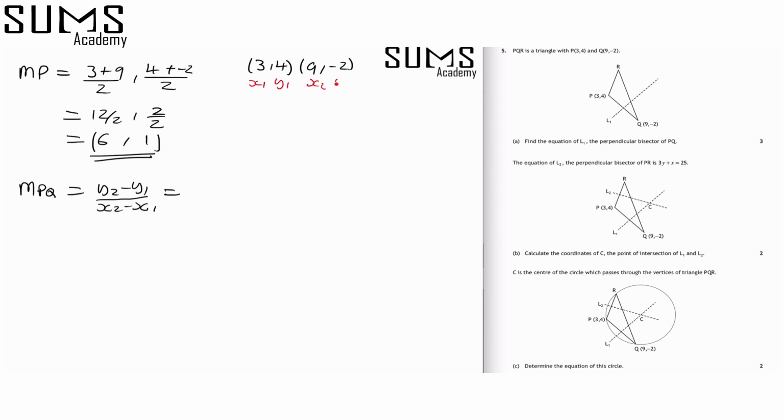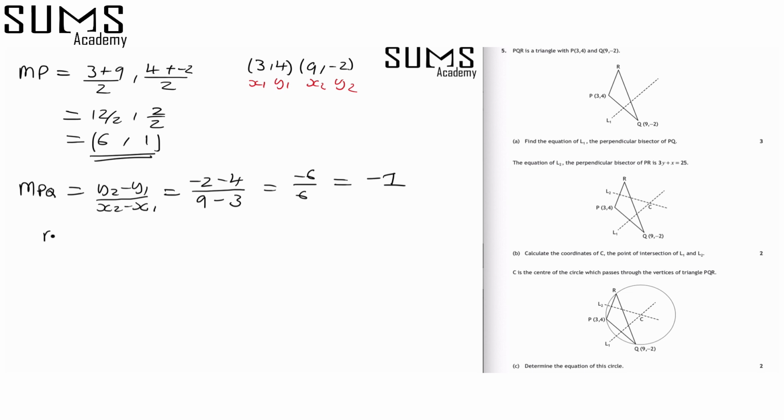So that's going to be (-2 minus 4) all over (9 minus 3), which is equal to negative 6 over 6, which is equal to negative 1.